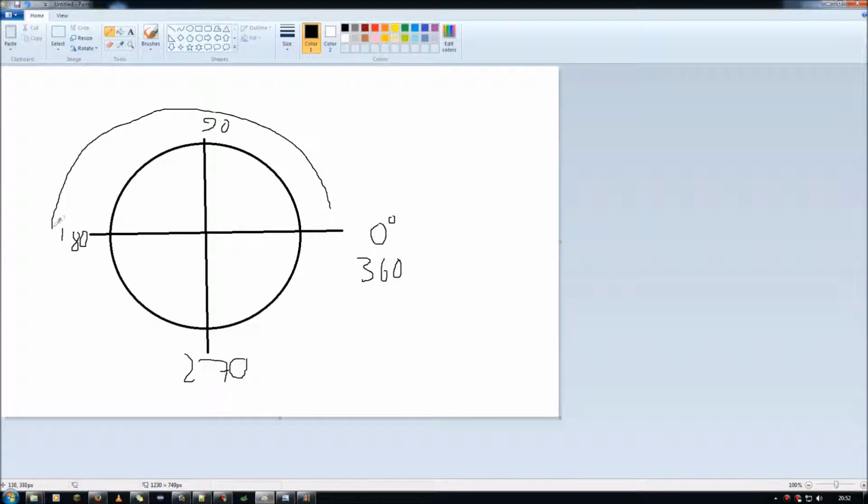But if you measured it in radians, you would have, no sorry, you'd have half pi here, and here you would have pi, and here it will be 3 pi over 2, and then this would be 2 pi.